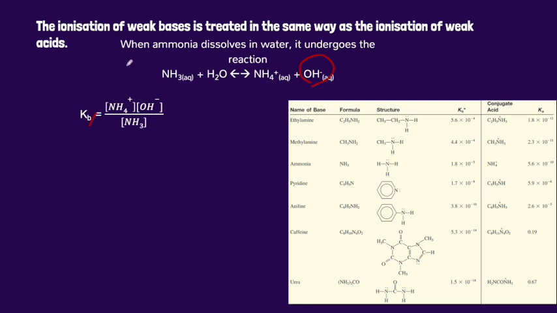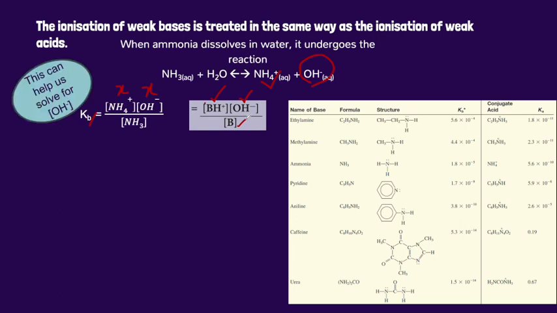We're going to make the same assumptions: whatever we have as our hydroxide is also our conjugate acid. This is just a random base, it could be any base. So if this is x, this would also be x, and we have our base that we began with. This way we'd be able to solve for the concentration of hydroxide.